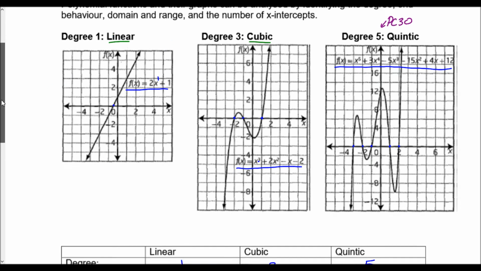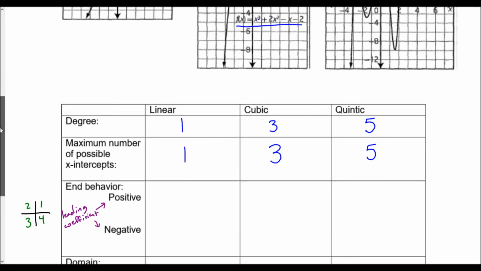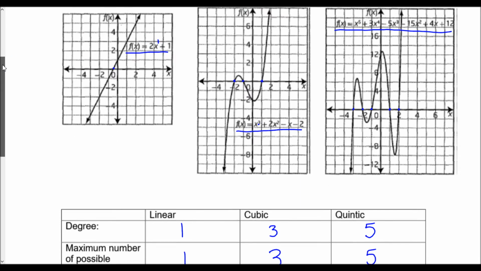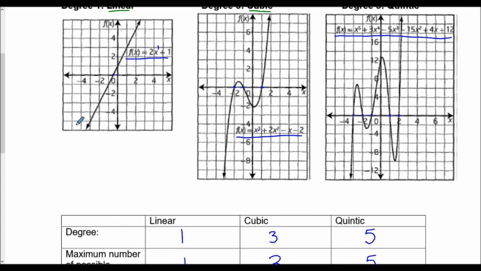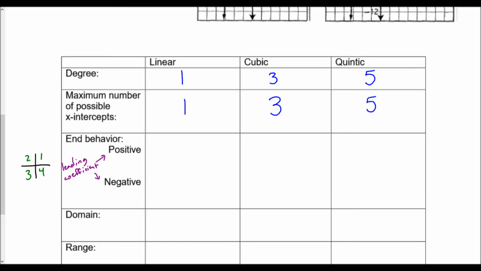This linear, first thing, to know whether something is positive or negative, you need to look at the leading coefficient. If our leading coefficient is positive, like this one, it's a positive 2, what is its end behavior? Well, you can see it's starting in the bottom left and ending in the top right. Bottom left to top right means it's starting in quadrant 3 and going all the way to quadrant 1.